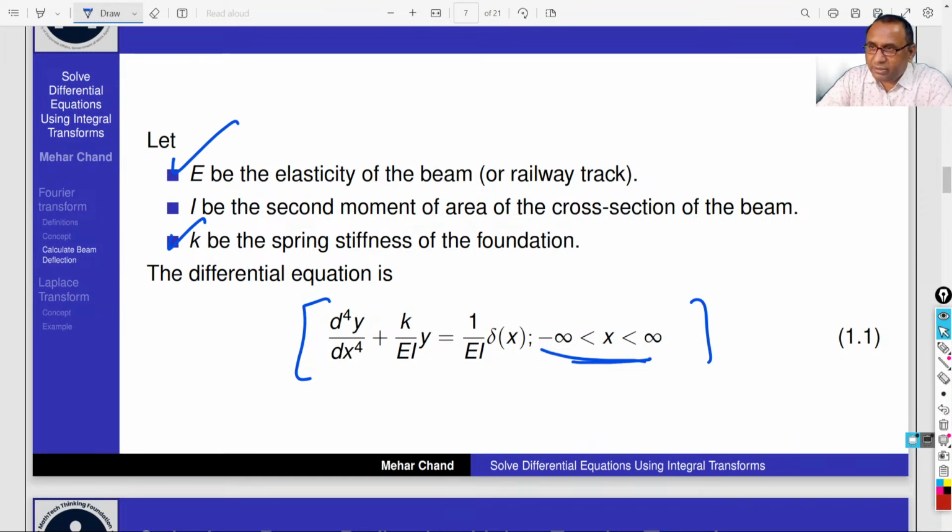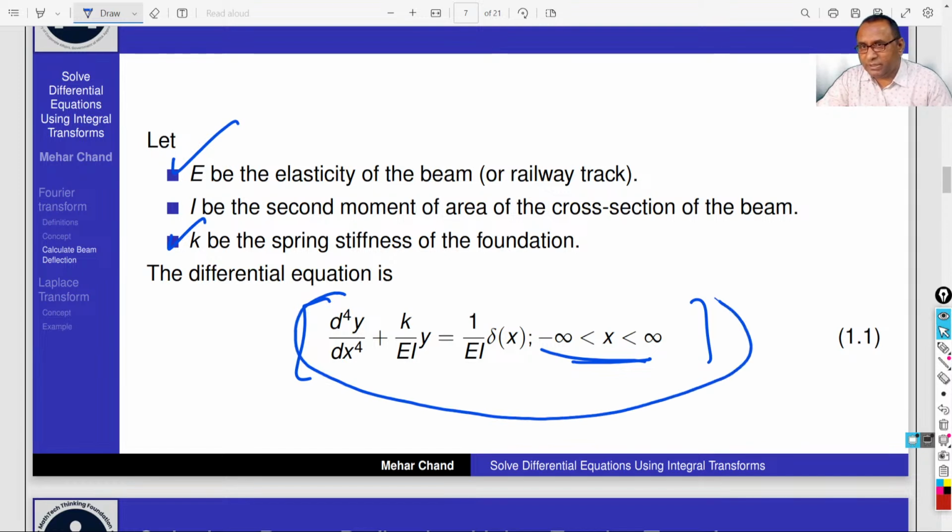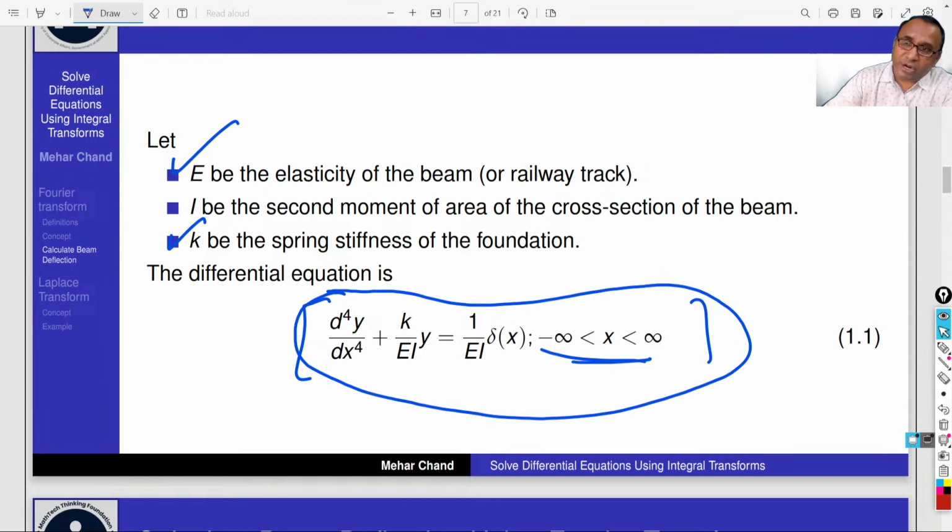We want to solve this equation, but I will not go into more detail about how we can establish this differential equation. This is not part of the session. I just chose this example to show how we can solve this differential equation using the Fourier transform.